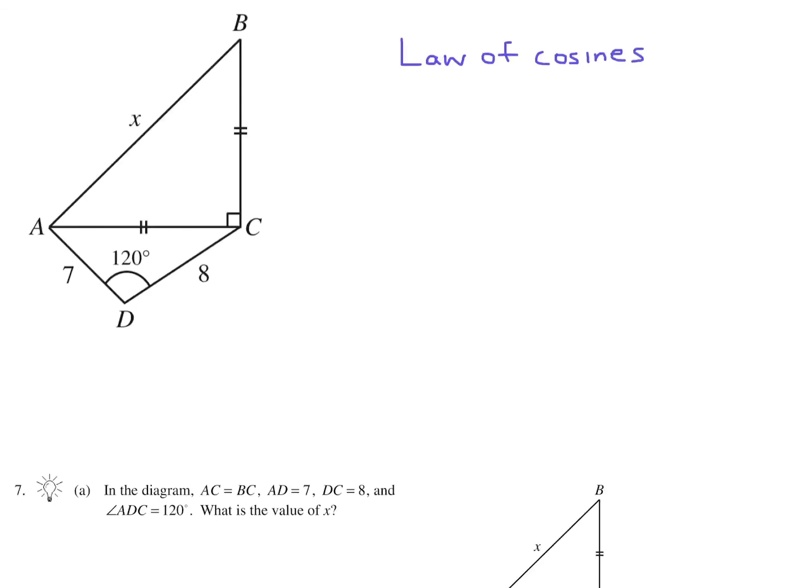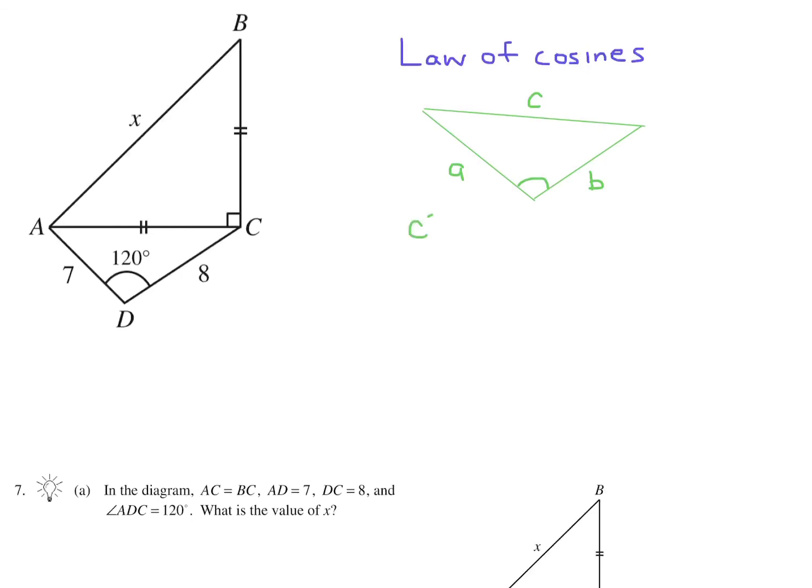If you are not familiar with the law of cosines, I will give you a crash course. If you have any triangle, and it doesn't have to be a right triangle, it could be any triangle. It doesn't have to be isosceles or equilateral or anything. Just any regular triangle. And you've got three sides, ABC, and you know this angle right here. If you do, you can take that angle to figure out the different sides.